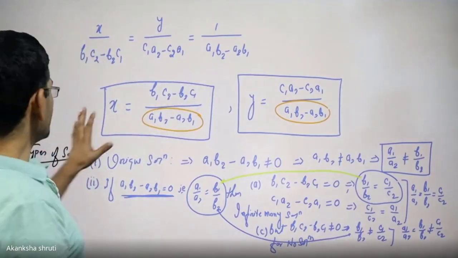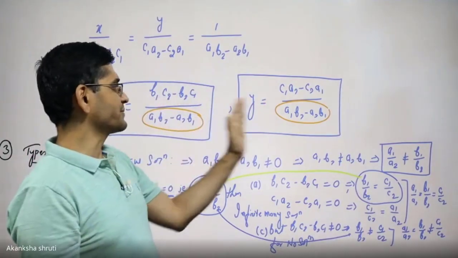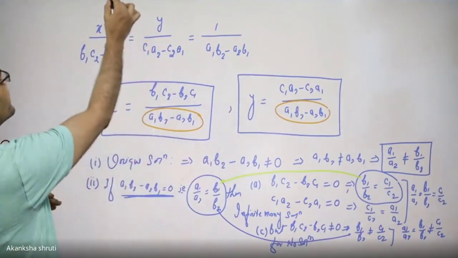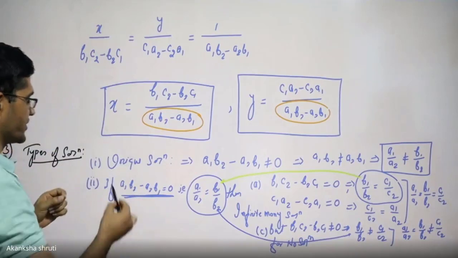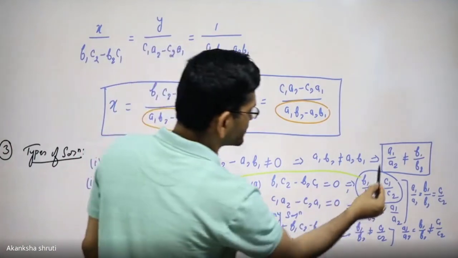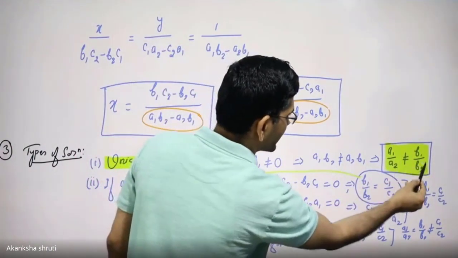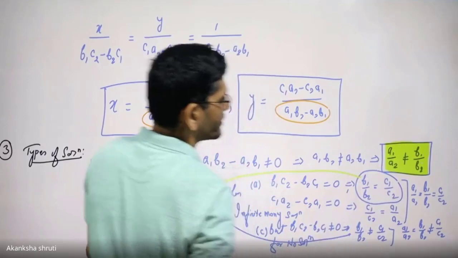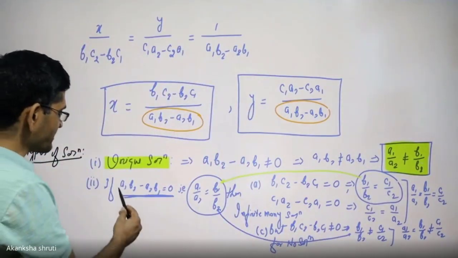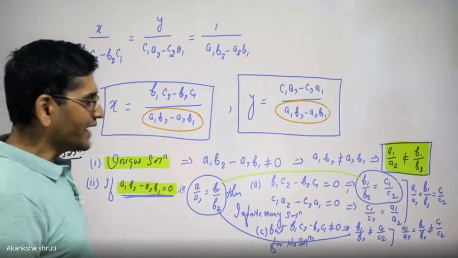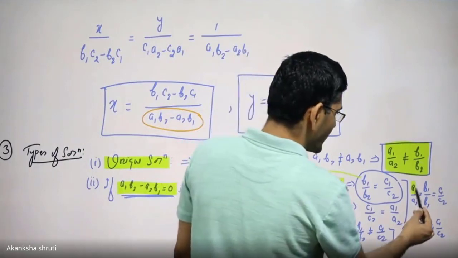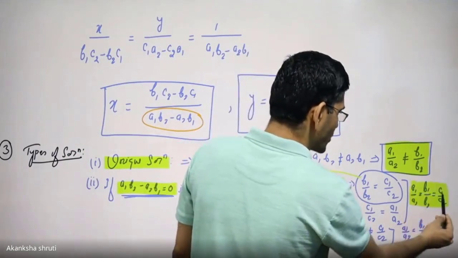So even from this x and y, or by the cross multiplication, whatever x and y we have obtained, from there we can predict the type of solution. It has a unique solution, which simply means the denominator is not equal to 0. The condition is A1 by A2 not equal to B1 by B2. Second, if the denominator becomes 0 and the numerator is also 0, in that case it has infinitely many solutions.